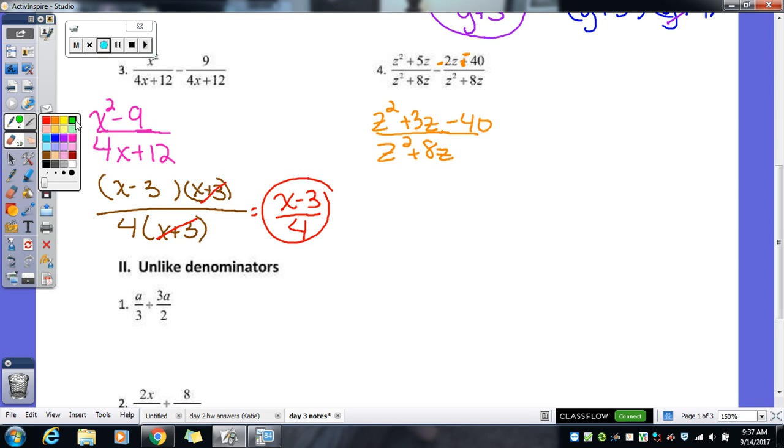So now we have to do our factoring. So 2 sets of parentheses for our numerator since we have a trinomial factor there. Z squared plus 3z minus 40. What two numbers are we going to use that multiply to give us 40? 5 and 8. 8 would be our positive to give us your plus 3 in the middle. And then what kind of factor in the bottom?